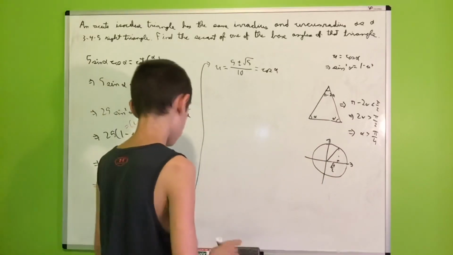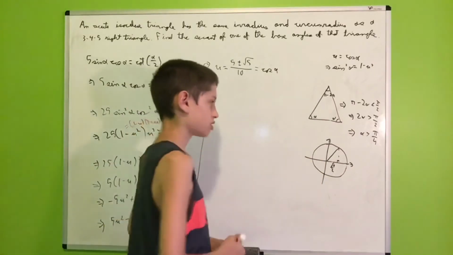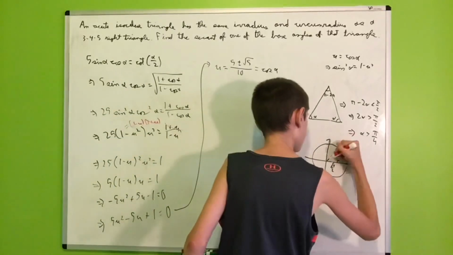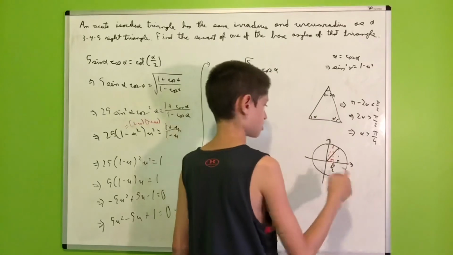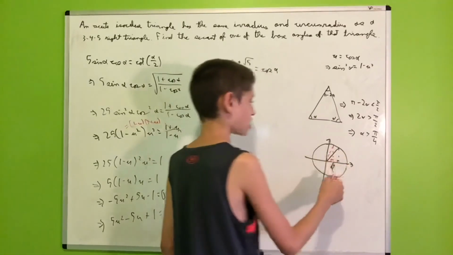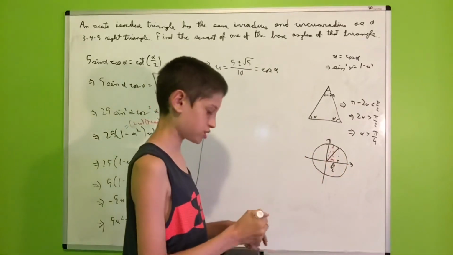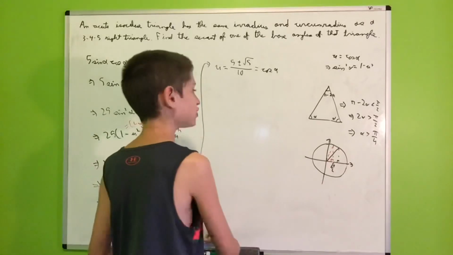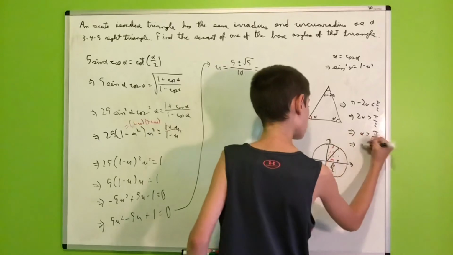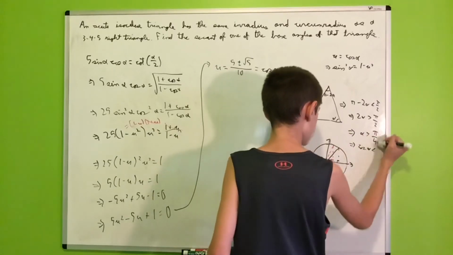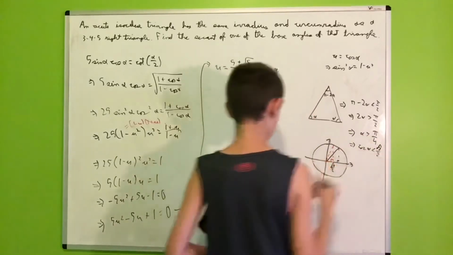And now, if we draw a larger angle, like this, the cosine gets even smaller. So this means that for alpha to be greater than pi over 4, the cosine of alpha must be strictly less than the square root of 2 over 2.